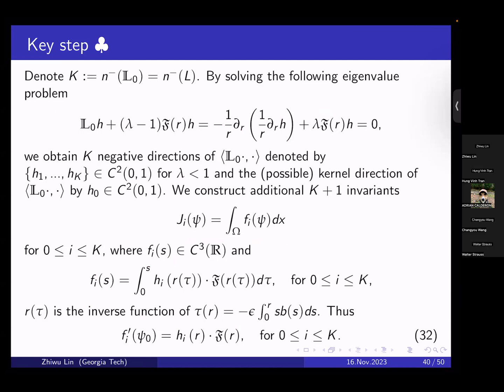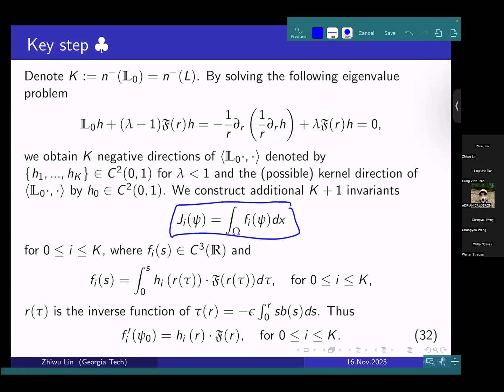This is an ODE operator, so it has finitely many negative directions and at most one 0 direction. For each of these negative or 0 directions, we can construct an invariant functional. So the invariant is Fi of psi, and Fi is determined by the negative direction or 0 direction for the 0 mode.